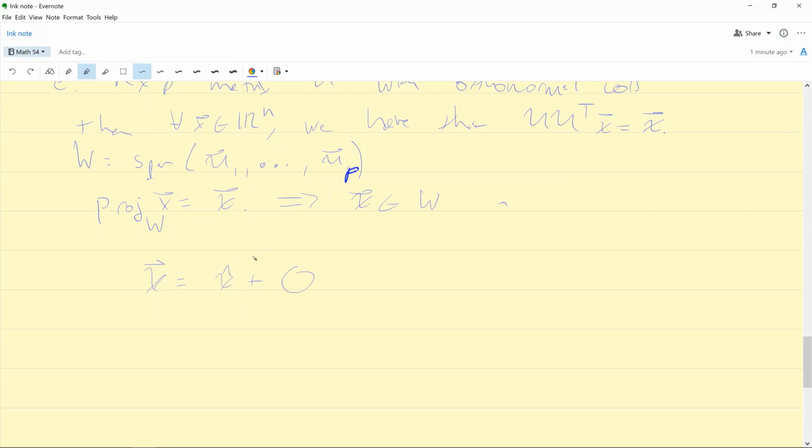So x has to be equal to its projection and lies within W, because this guy lies in W. Which is probably just saying this in too many words. So this isn't true for all vectors in Rn, and this is true for the vectors that actually are in the span of these column vectors. So that's going to be false.